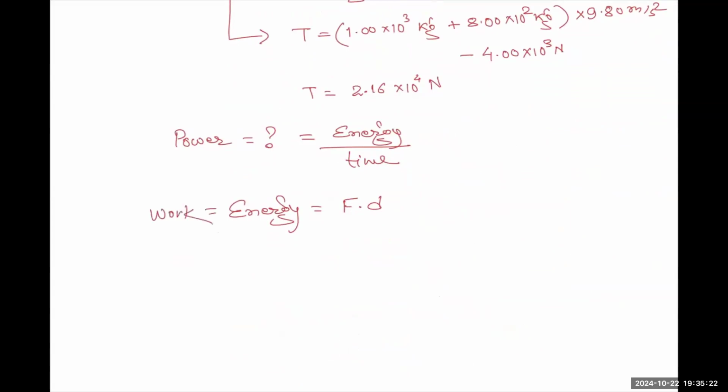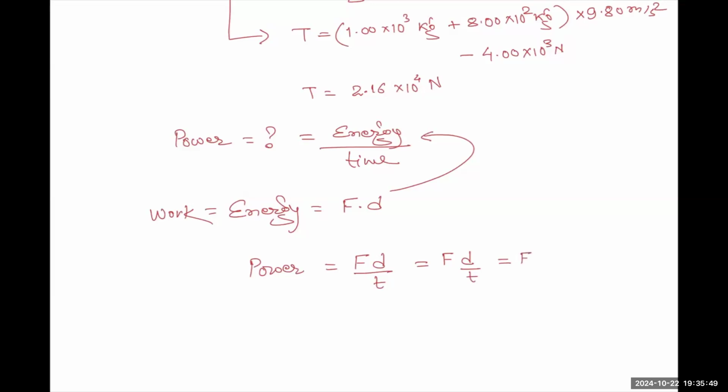Work is energy, right? So if I plug this expression in here, power is force times displacement over time. I can write this as force times d over t. What is displacement over time? What do we call that? Velocity.